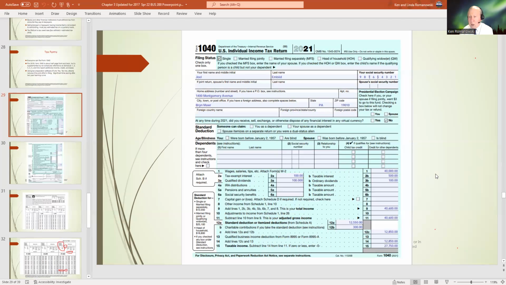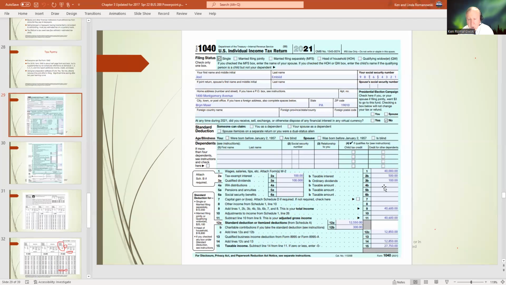So he puts the $100 into line 3A, and he's going to pay a lower tax on these qualified dividends. Finally, if he has ordinary dividends, this is something that's taxed as regular ordinary income. In this case, he also has $100 here, so he'll pay tax on that $100.